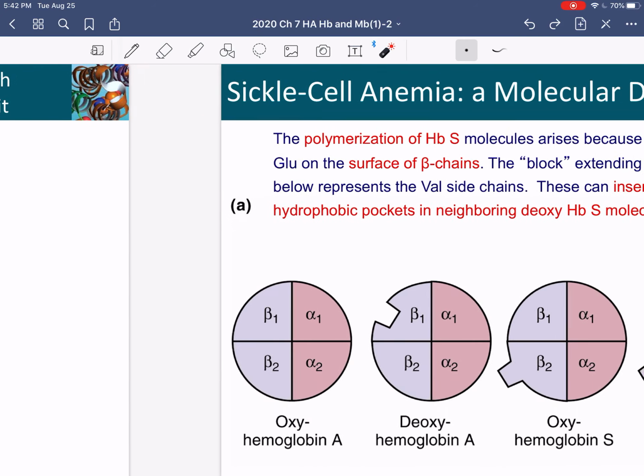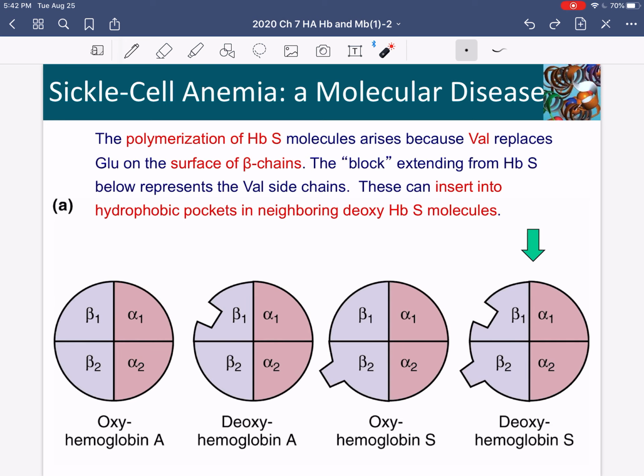Okay, so let's zoom out again, and let's have a look at beta 1 and beta 2 to help us understand how the beta subunits can fit with that valine side chain into a hydrophobic pocket of another tetramer. Okay, so forming these polymers, and again, these are non-covalent polymers, arises because the valine is replacing a glutamic acid.